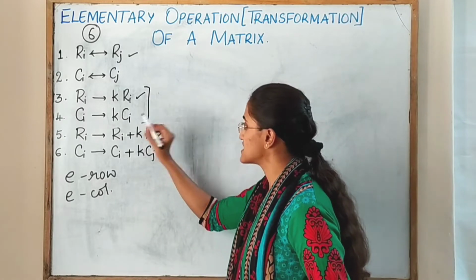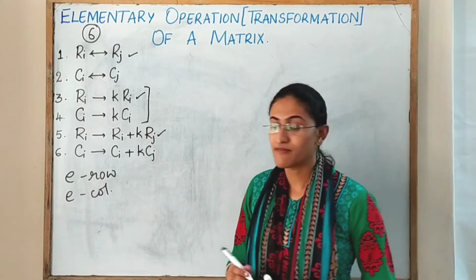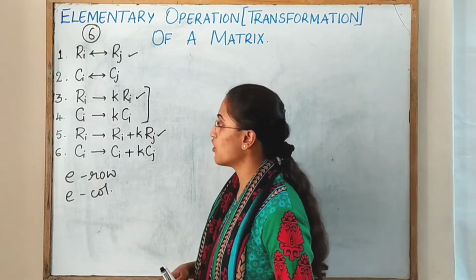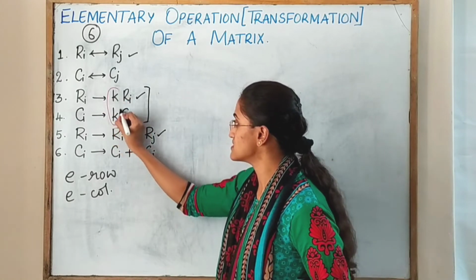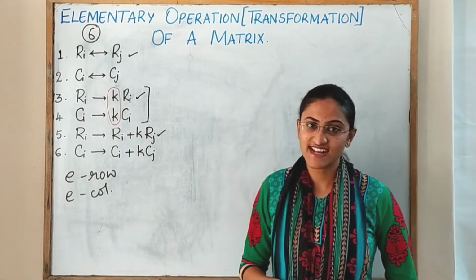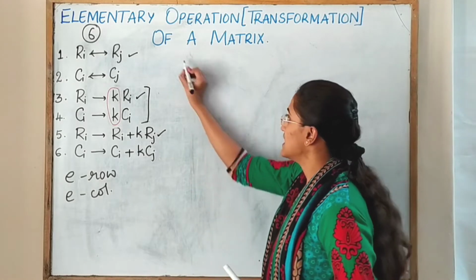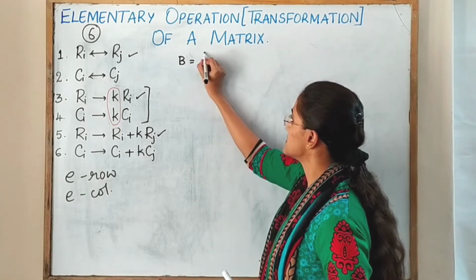These 2 operations indicate that you can multiply any given row or any given column by a non-zero number. Let us understand this using a small example. Let me take a matrix.